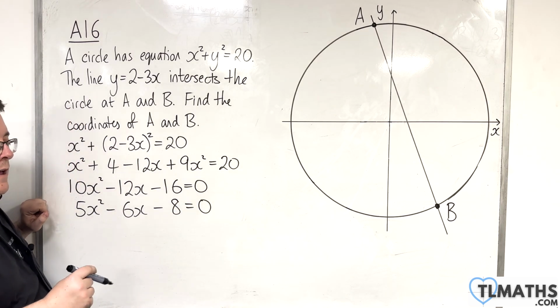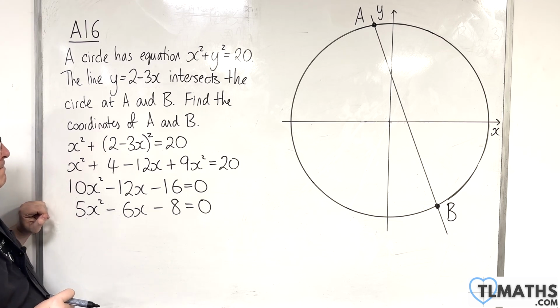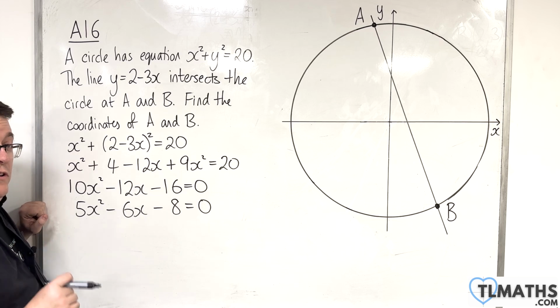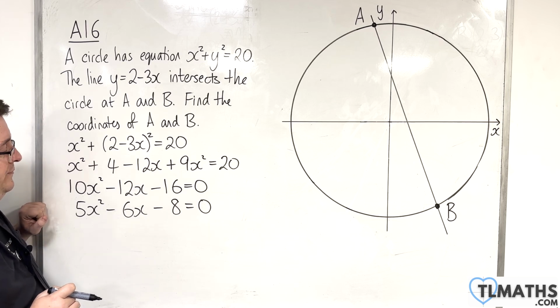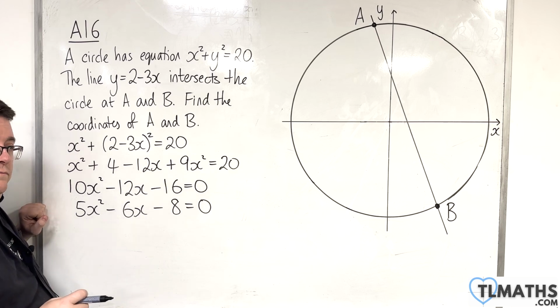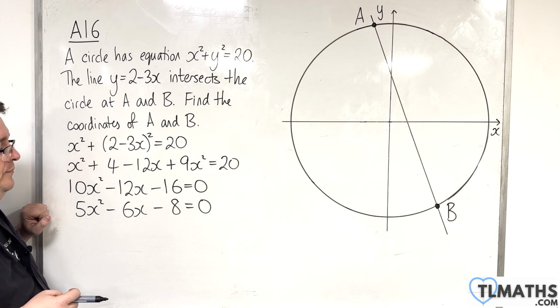Now, at this stage, we have the three methods of solving a quadratic. Either we complete the square and solve. Personally, I think that's going to be quite tough. Don't really want to do that. Or we use the formula. Seems reasonable for this one. Or we factorise.